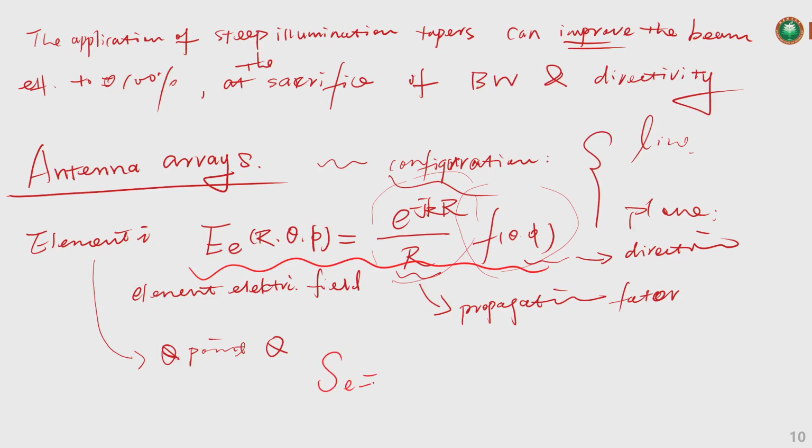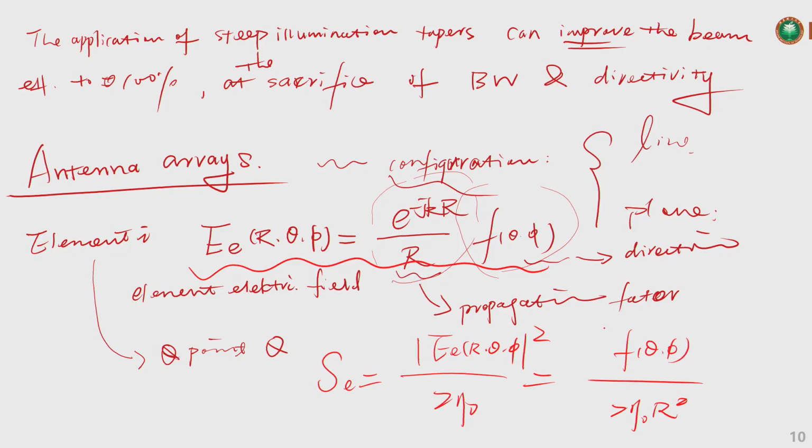That equals E node squared, which equals E node R squared F theta phi squared, right? So for each element, the element electric field is related to the power density.